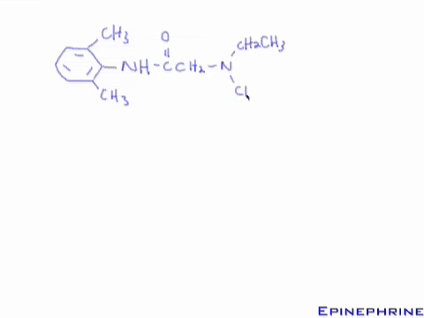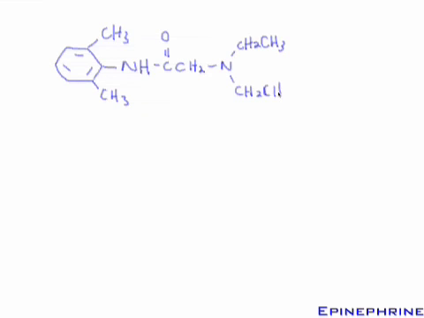Now, you don't have to know this molecule. I'm not going to test you on it as part of this course, but this is an interesting point. So we've got a C double bond O, a CH2, and we've got an N. We've got a CH2CH3, CH2CH3.